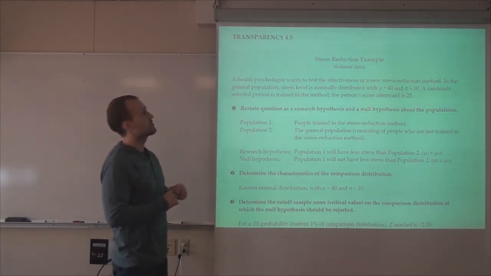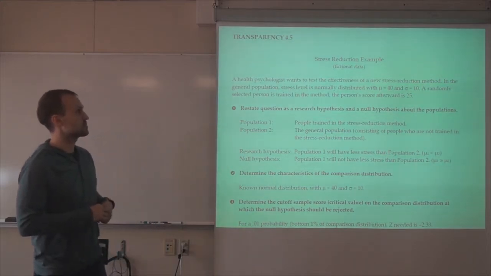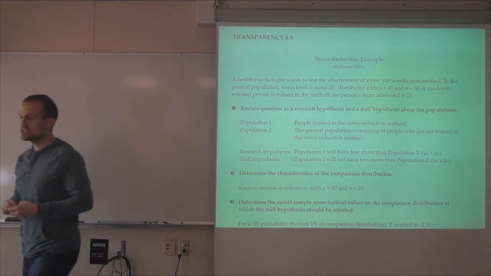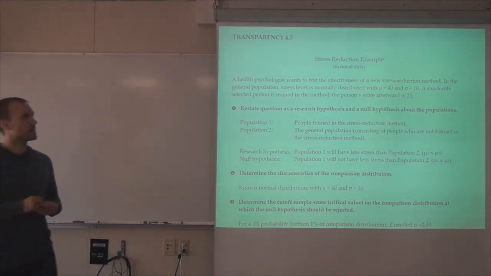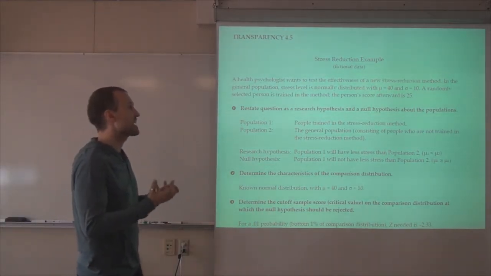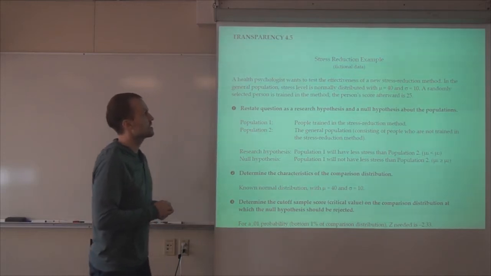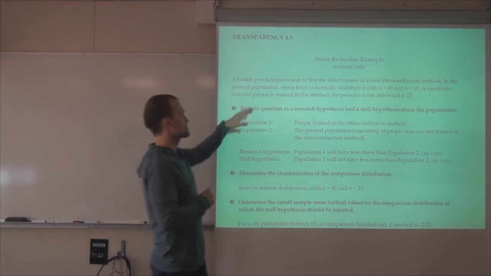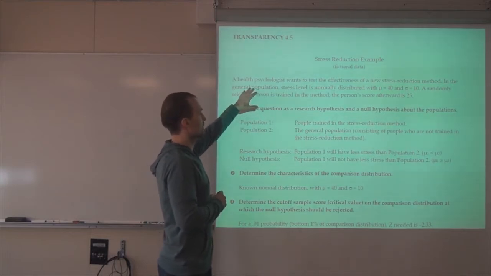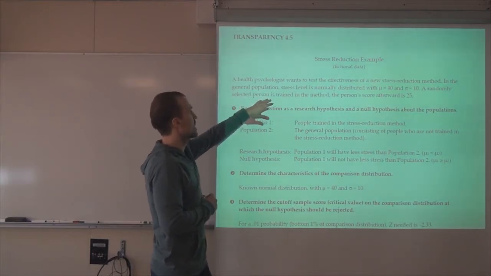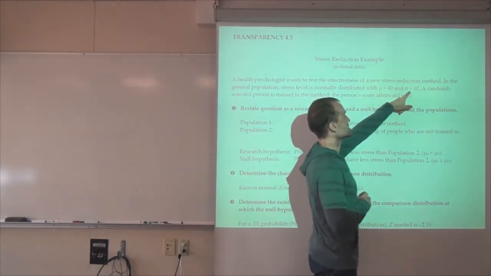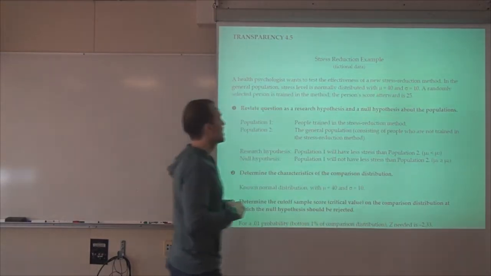All right, so let's do one more example to verify the idea and the process of hypothesis testing by way of the stress reduction example, where we are trying to test if there is any significant effectiveness in a stress reduction method. We're comparing our general population, which has a stress level normally distributed with a mean of 40 and a standard deviation of 10.